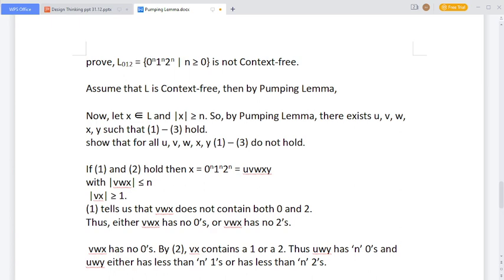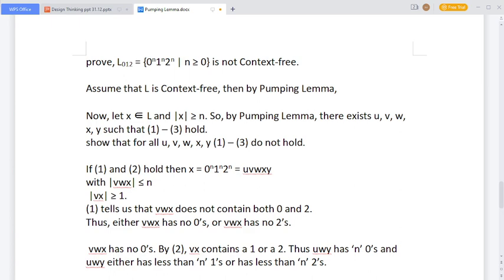Thus either vwx has no zeros or vwx has no 2's. There may be a chance because u is going to take 0 and y is going to take 2, so there may be a chance of not having these zeros and 2's.